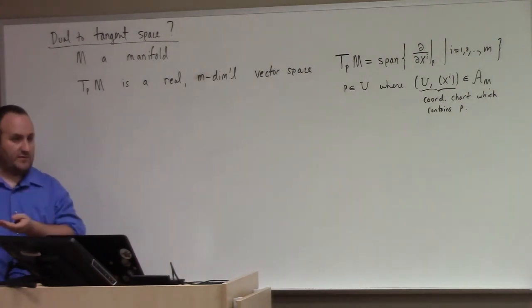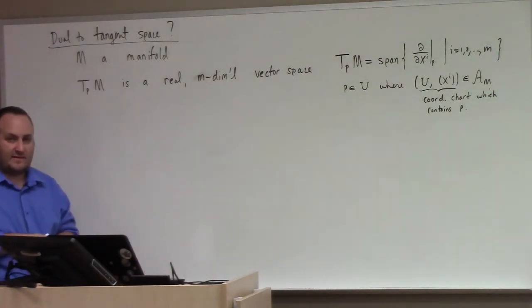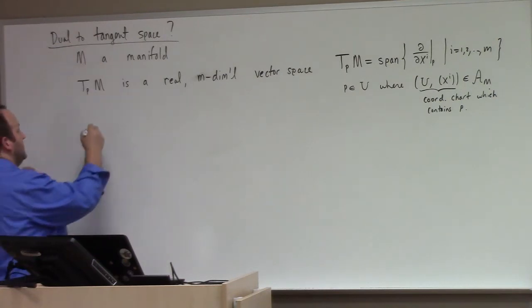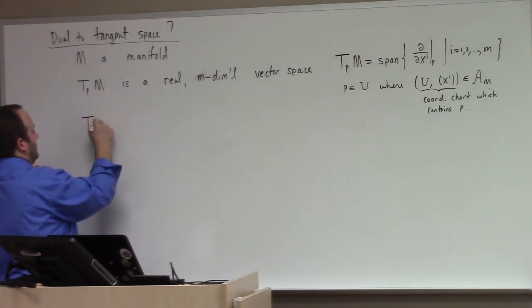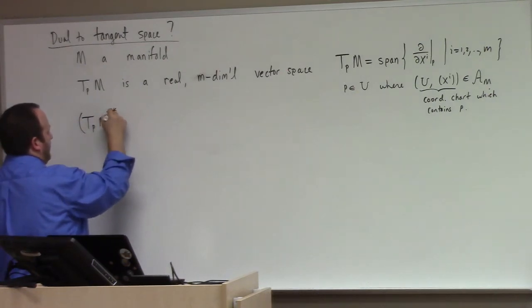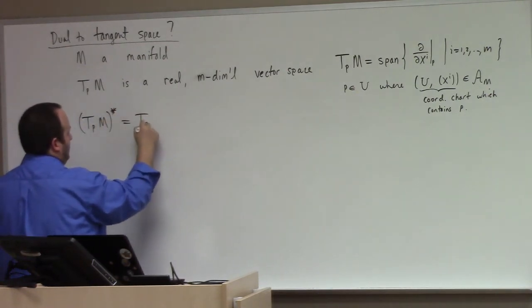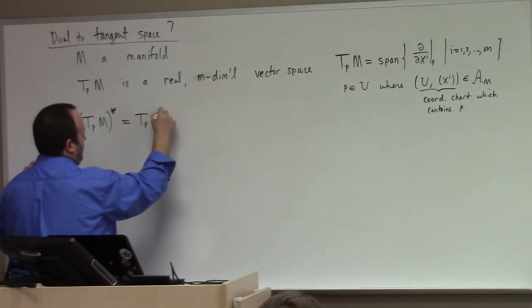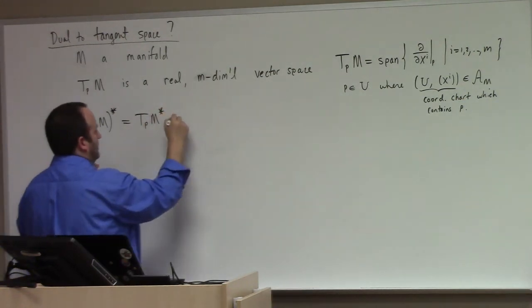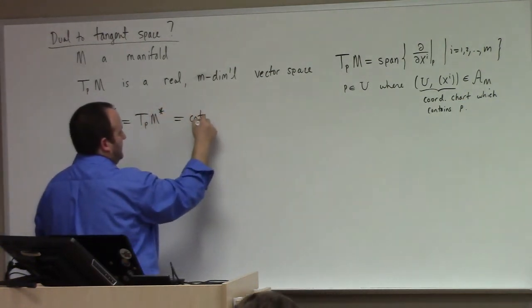So this general construction of dual space I just talked about makes sense here, and we can talk about the dual space. A lot of times people don't even write the parentheses. We'll just say T_P M star. This is the so-called cotangent space.